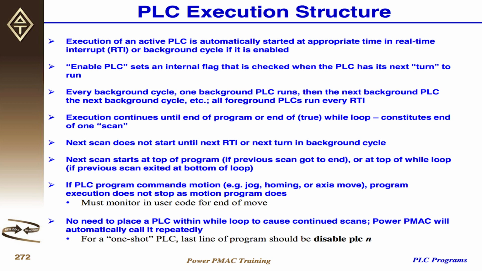So if within my PLC, I write disable PLC to turn off the current PLC that's executing, it will actually finish doing everything in this iteration of the PLC, and then the next time it gets a chance to run, it will not run. So it won't necessarily stop executing where you issue disable.